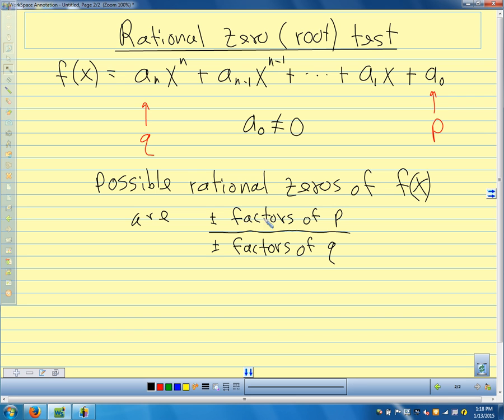does. So what I want to do is go through a couple of examples of using the rational root test, the rational zero test.